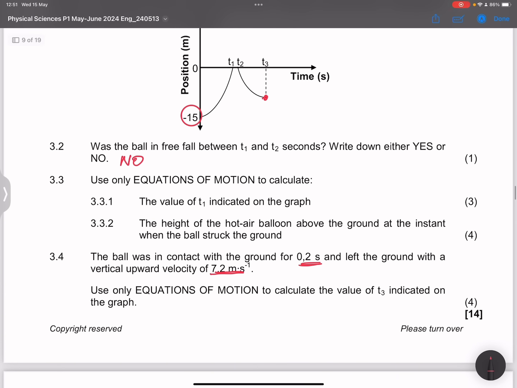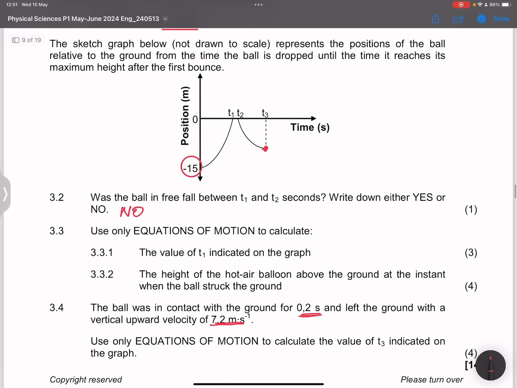Now T3 would be when the ball reaches its maximum height, right? So from the time that the ball left the ground, its velocity was 7.2, that's what they told me.